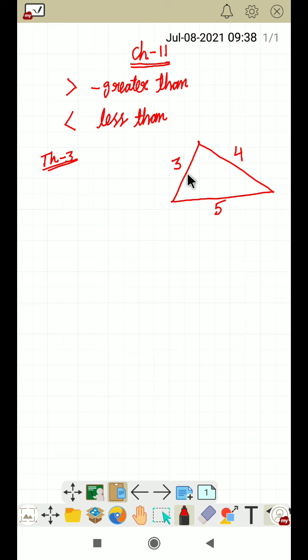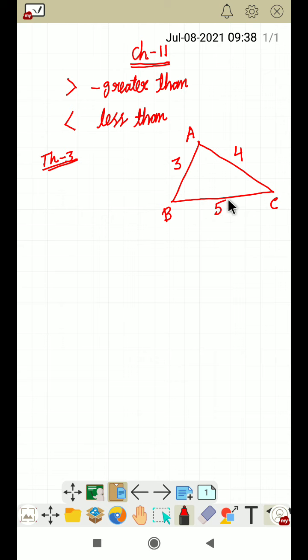Now this theorem tells us that if two sides of a triangle are unequal, suppose this AB side and this BC side, these two side lengths are unequal, then the greater side has the greater opposite angle. The greater side is here BC.